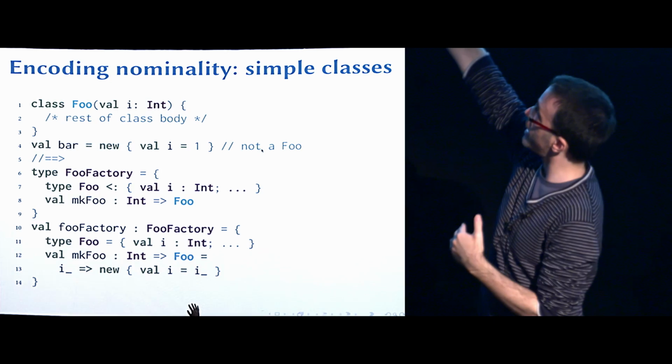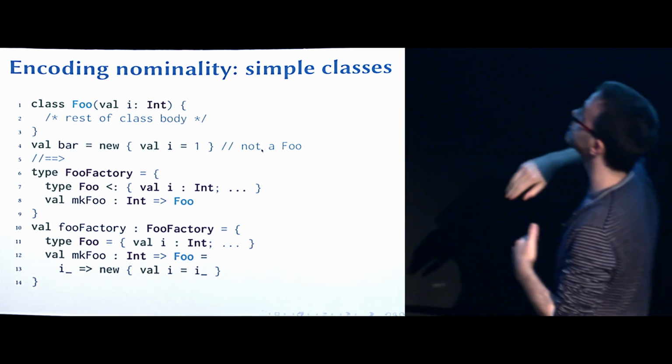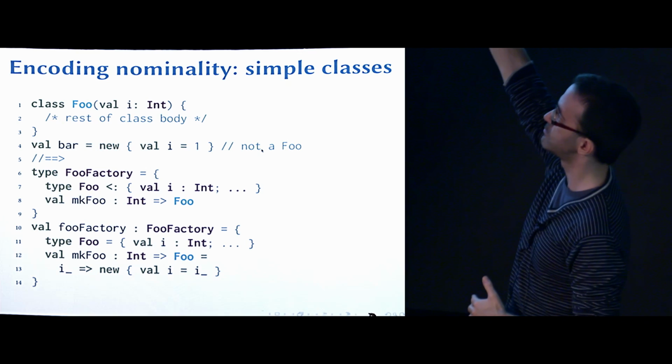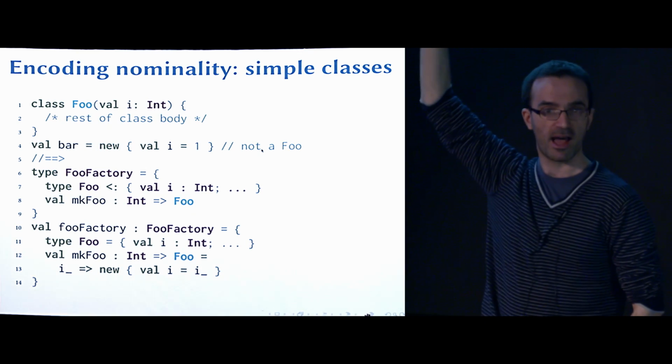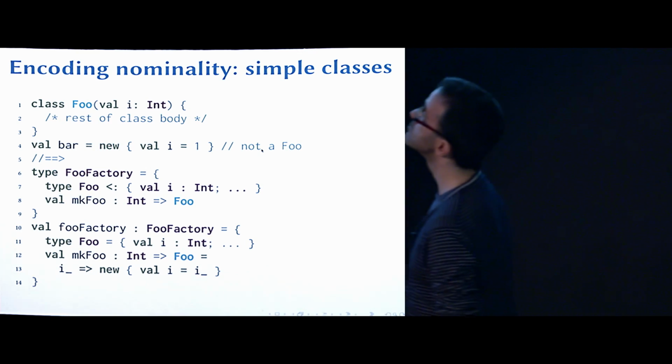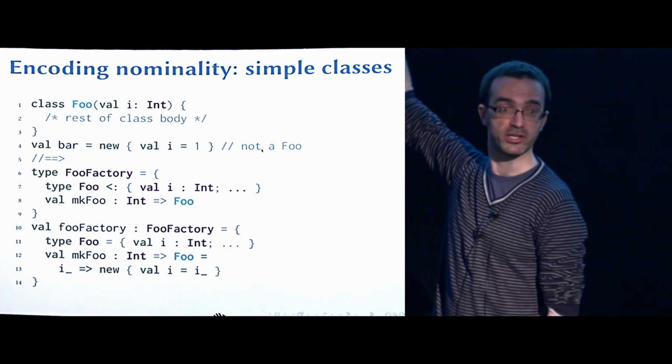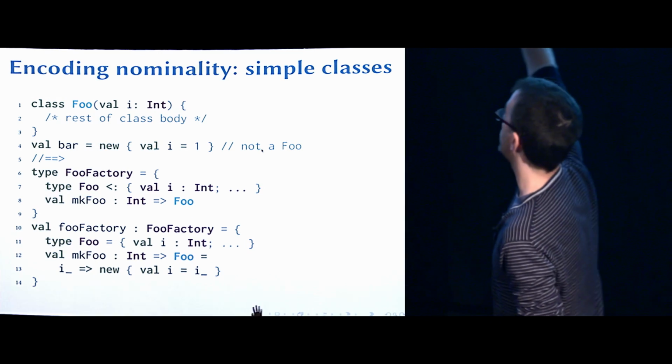And we say that a type member Foo is a subtype of the class interface, which has a value member I and potentially other members. And we have a constructor, which will be the only way to construct values of this class.